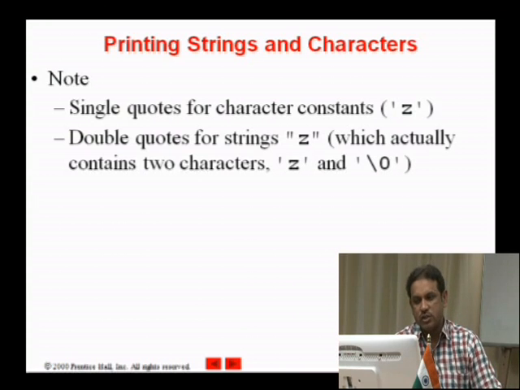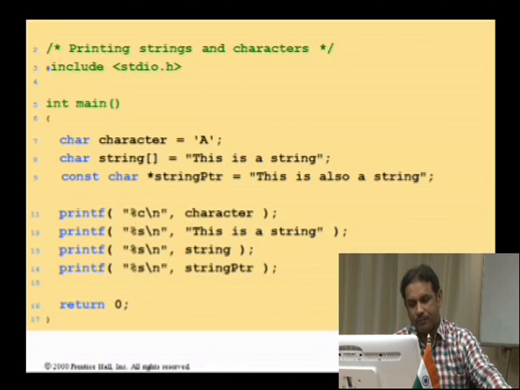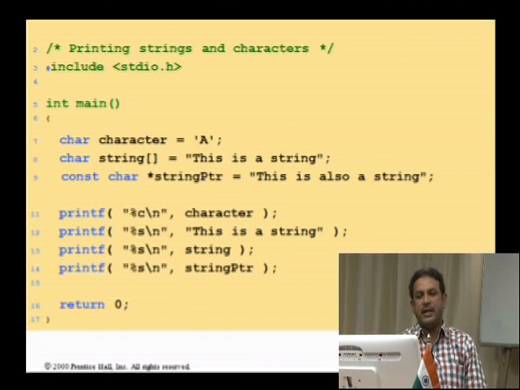A string in double quotes actually contains an extra character, backslash 0, that's the null character. The string always terminates with the null character. So, printing strings and characters. As we are using the printf function, we need to include the header file, hash include stdio.h. Again integer main.